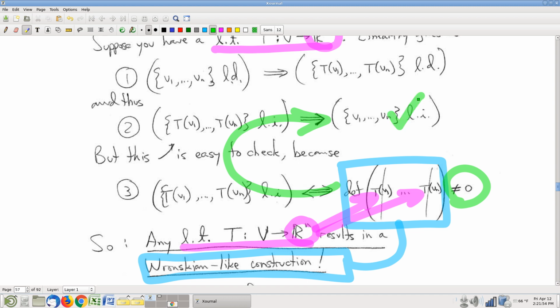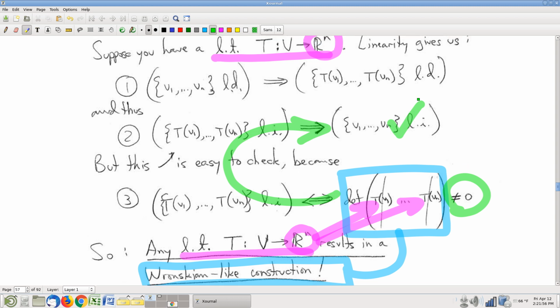And gosh, doesn't that sound familiar? Doesn't that sound just like the result we had back in chapter 2? The very first time we wrote down the Wronskian, it was a list of functions, and we took some derivatives, and ended up with, hey, if this thing is non-zero, we get to conclude independence. That's exactly what we have here as well. So that's why we call this a Wronskian-like construction, because the theorem is structured just like our old Wronskian theorem.